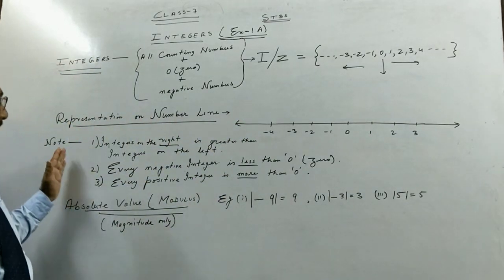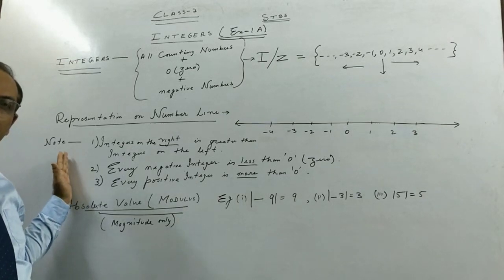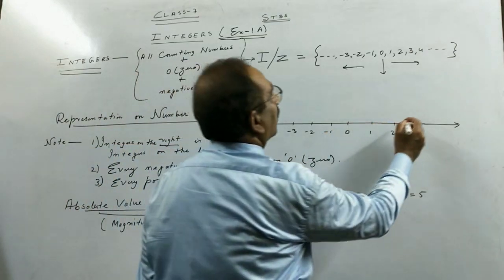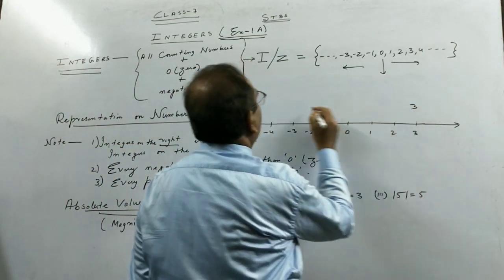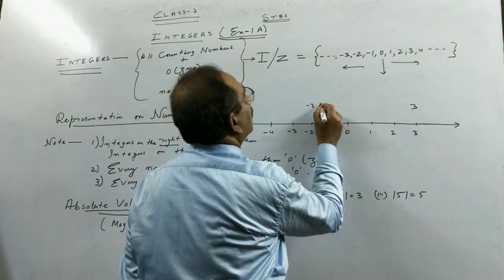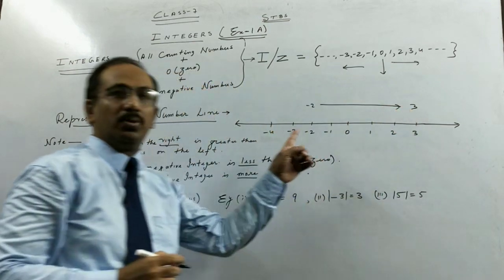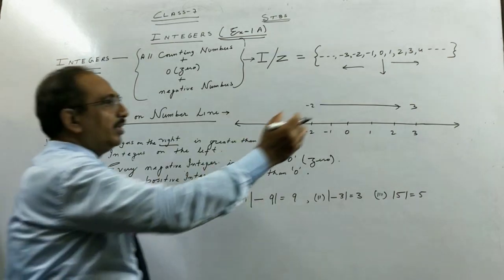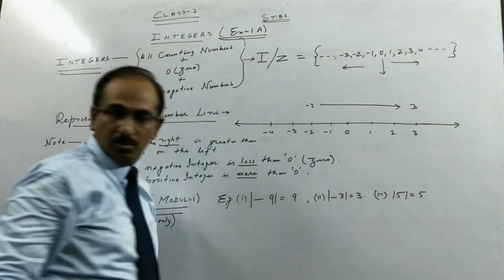Next, a few very important things, students. Integers to the right, like 3, and if you see minus 2, those which are towards the right are greater than those on the left. So definitely 3 is greater than minus 2.